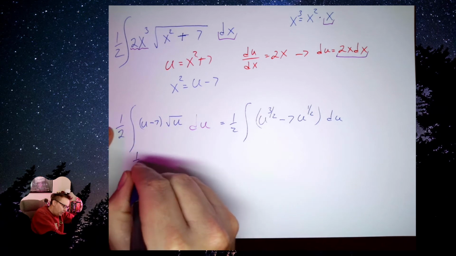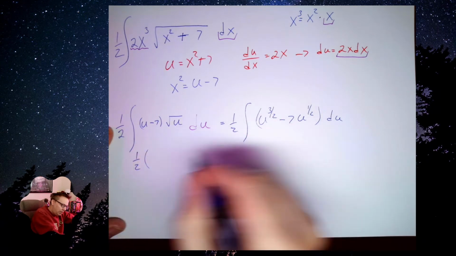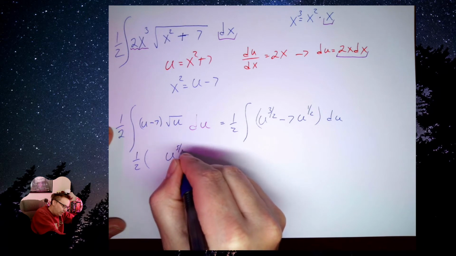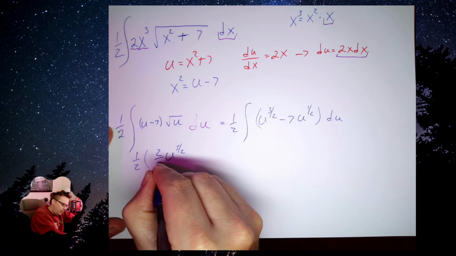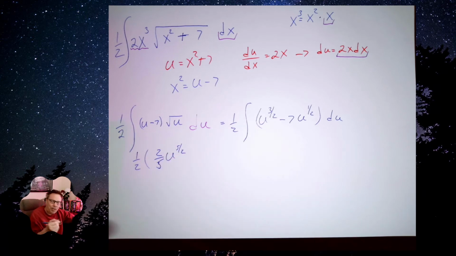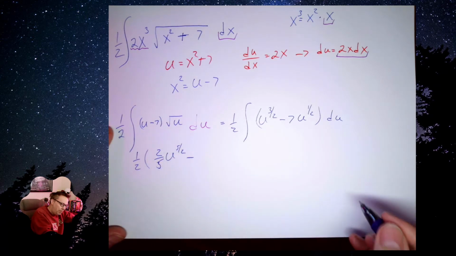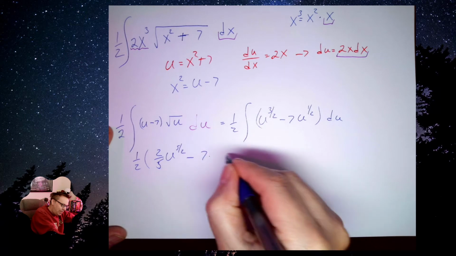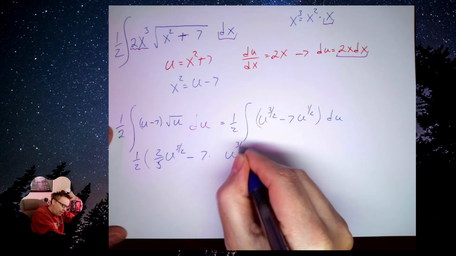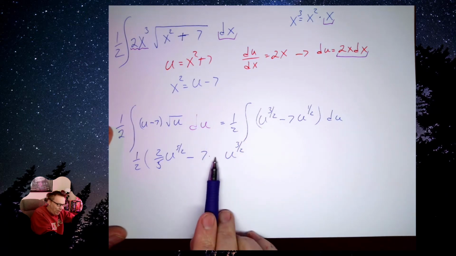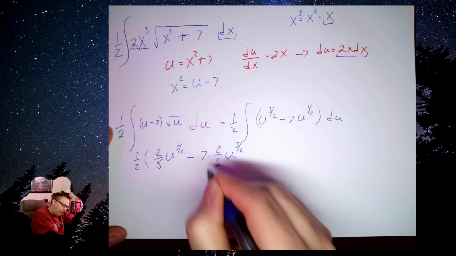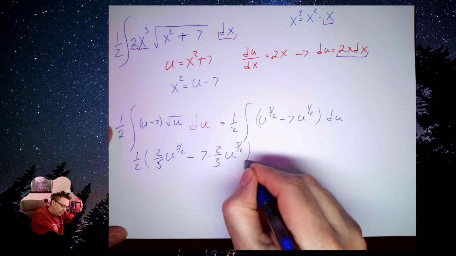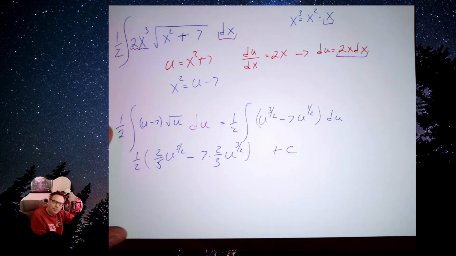So my power rule, u to the 5/2, I'm adding 1 to 3/2, by the way, times 2/5. That's like dividing by 5/2. Minus 7 times u to the 3/2. And notice that I'm always writing little spaces in here because I know I'm going to come back and put in my 2/3. And I got my plus c.